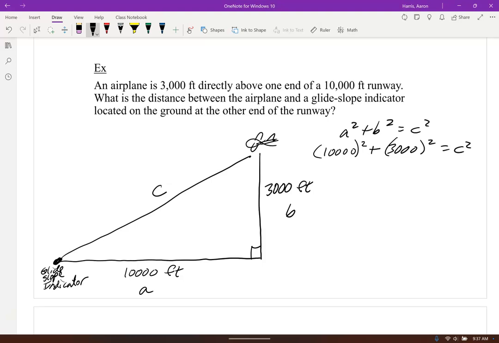So 10,000 squared gives us 100 million. 3,000 squared gives us 9 million.